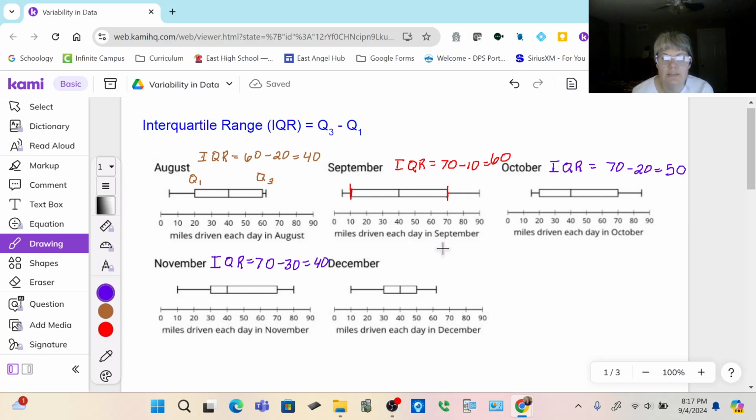And then in December, my IQR is going to be 50 minus 30, which is 20.